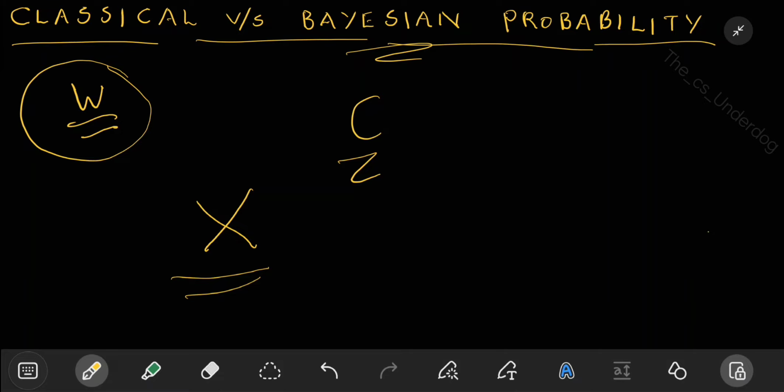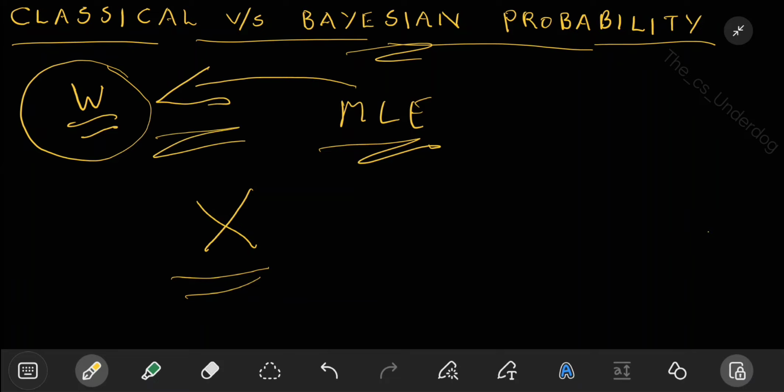Let's say you use the maximum likelihood estimator, MLE, or something in order to find the best value for W for this particular problem. So you just have that best fitting parameter for this particular chosen model for the observed data. There is no measure of uncertainty or anything.